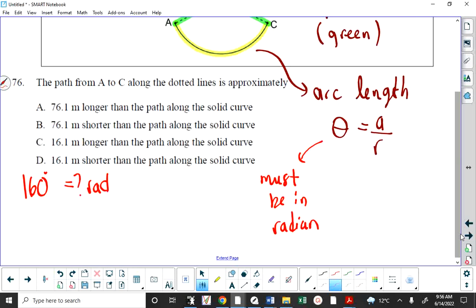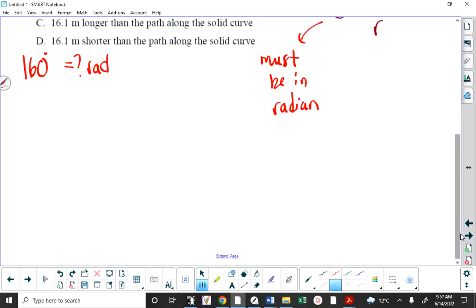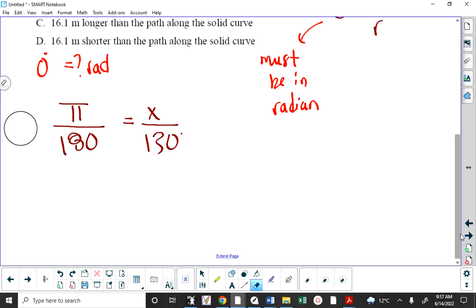I really doubt it. But if it was, you would do it this way. You would say pi rads is 180 degrees. That's x rads over, I can see that I wrote 160, I meant to write 130 degrees.